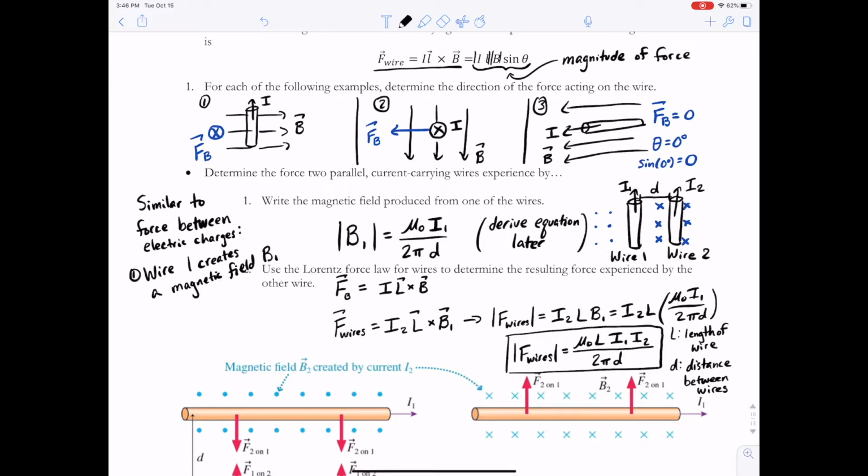We called that field B1. Then, a second object, in this case wire 2, is then placed in that magnetic field and experiences a force. So wire 2 with some current is placed in the field B1 and experiences a force.